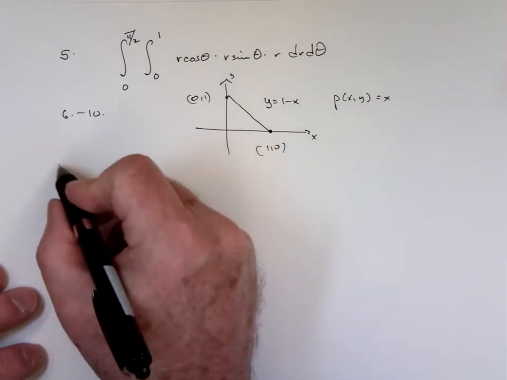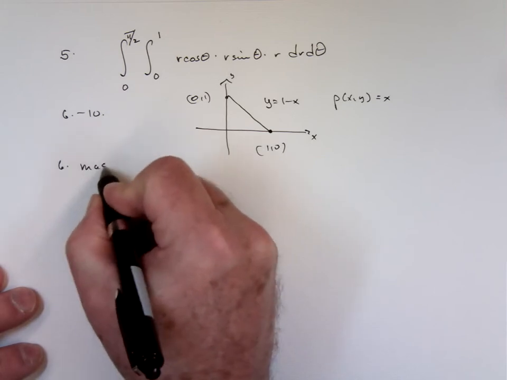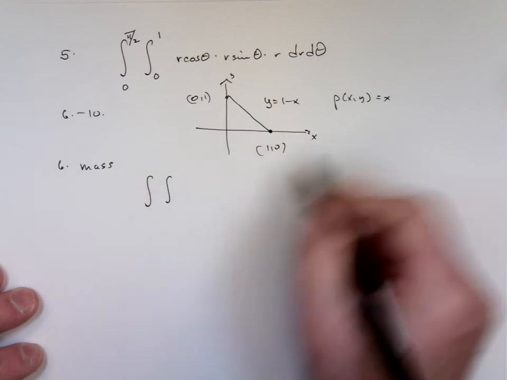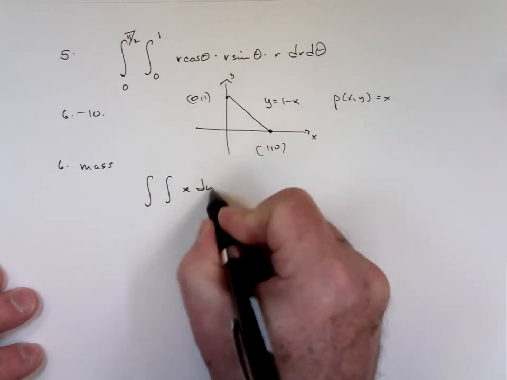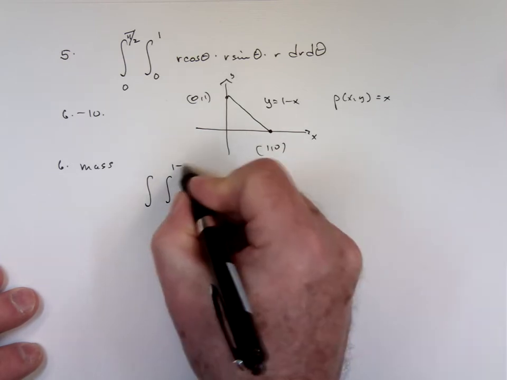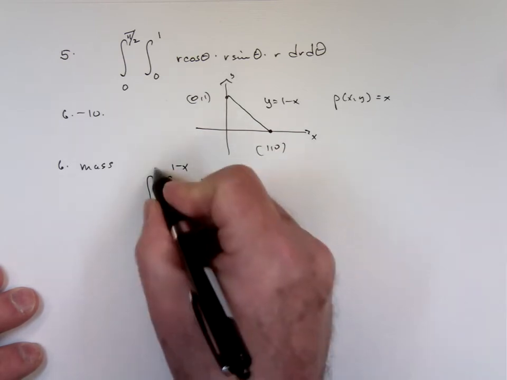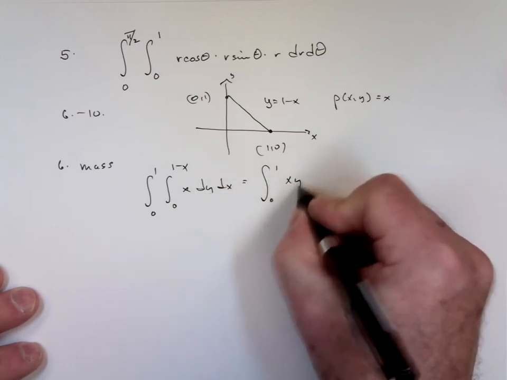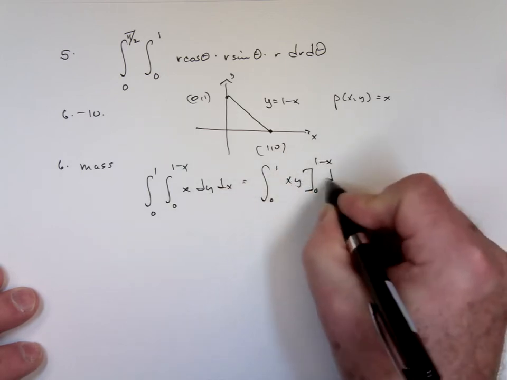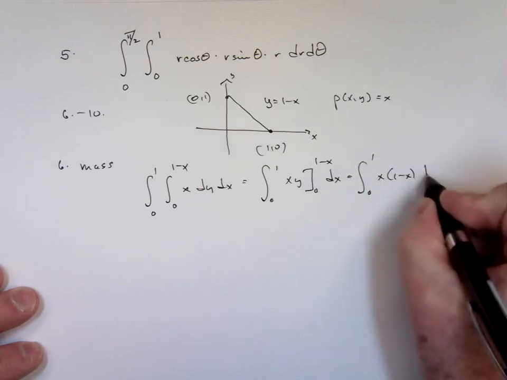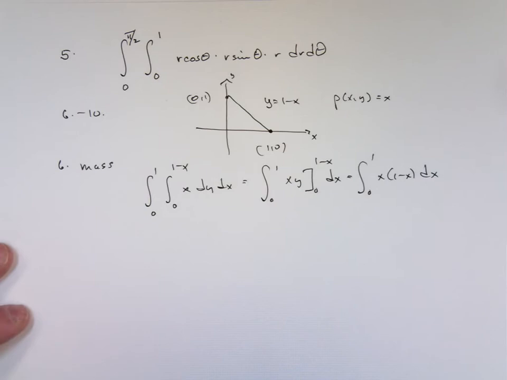So first of all, mass. You got to find the mass by taking the double integral of our density function. The y's are going to go from 0 to 1 minus x. The x's will go from 0 to 1. Integrate this, x, y. Substitute in. Well, let's multiply it out.